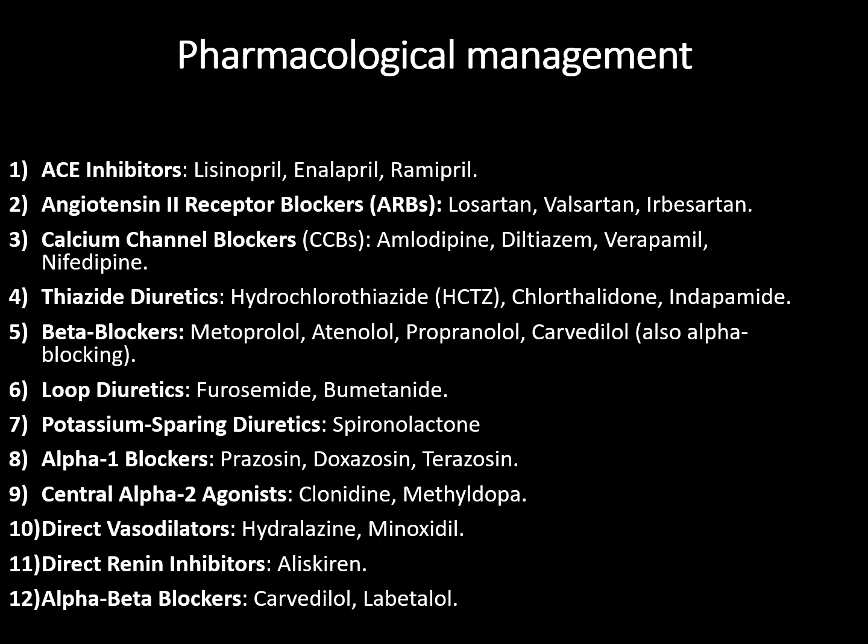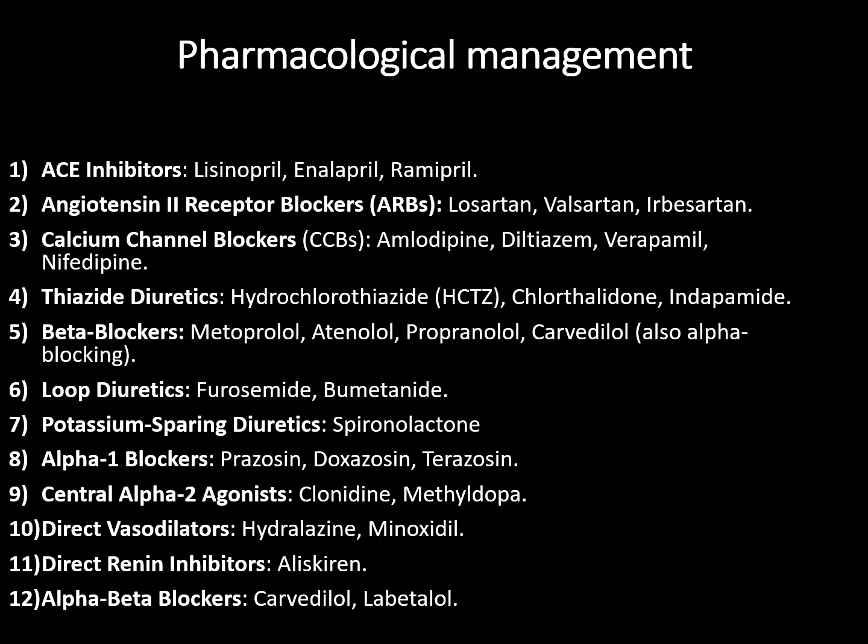Then we have the potassium sparing diuretics, another class of diuretics, an example being spironolactone. Then we have the alpha 1 blockers, which end with osin, such as prazosin and doxazosin.